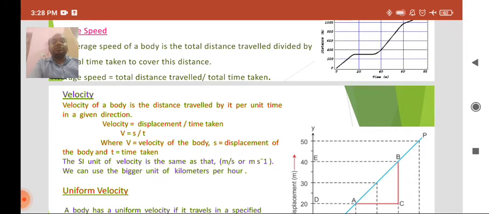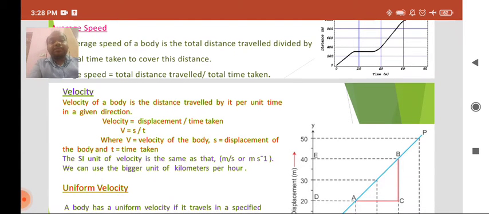So velocity is equal to displacement upon time taken, where the symbols have their usual meaning. V is called velocity of the body, S is called displacement of the body and T is equal to time taken.